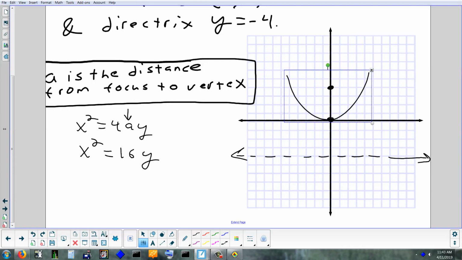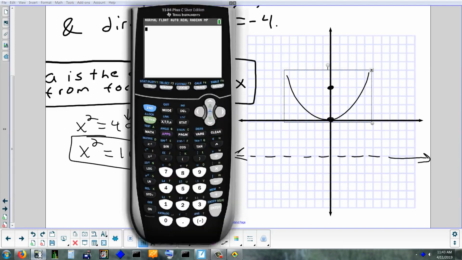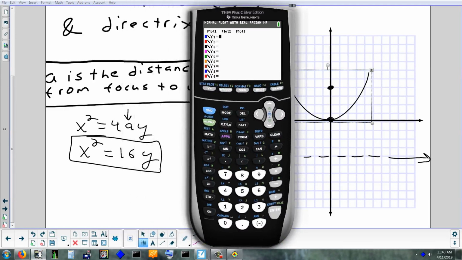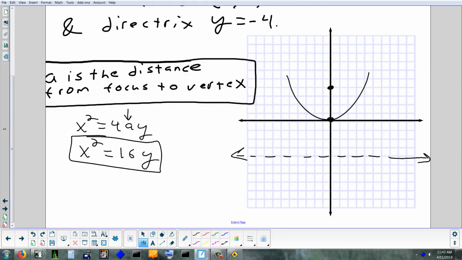Now, that answer is fine. But if you're going to type that in on a calculator and graph it, what would you have to do? Look at the equations there. They all have what letter by themselves? y. So if you want to type that in and graph it, you've got to get the y by itself. So how would you put the 16 on the other side? Divide by 16.